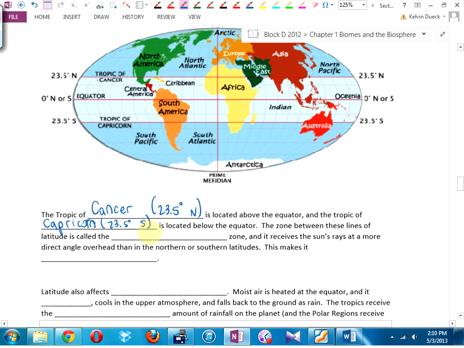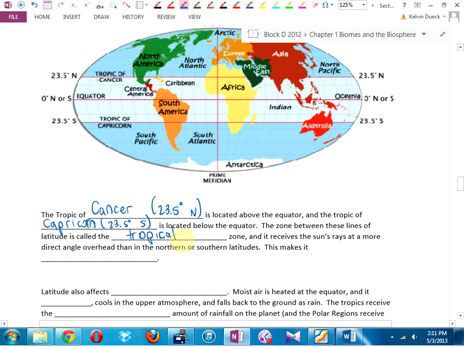The zone between those two lines, which on my map is light blue, I'm guessing on your map is still just a blur of gray, is called the tropical zone. It's called this because it receives the sun's rays at a more direct angle overhead than in the northern or southern latitudes.